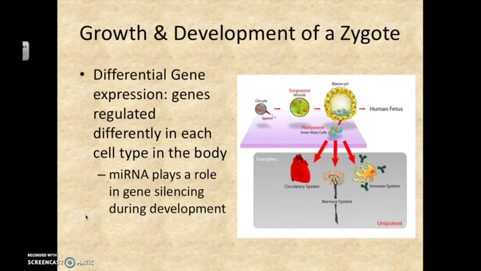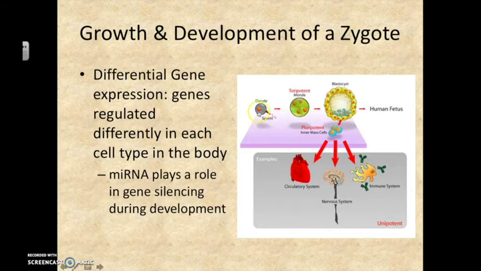Differentiation involves differential gene expression, meaning that genes are regulated differently in each of the cell types in the body. So we have different sets of genes being expressed in these various types of cells, or each of these types of cells has a unique epigenome.